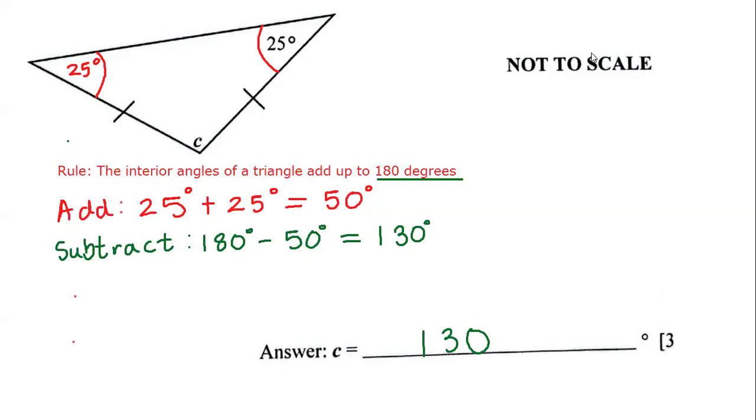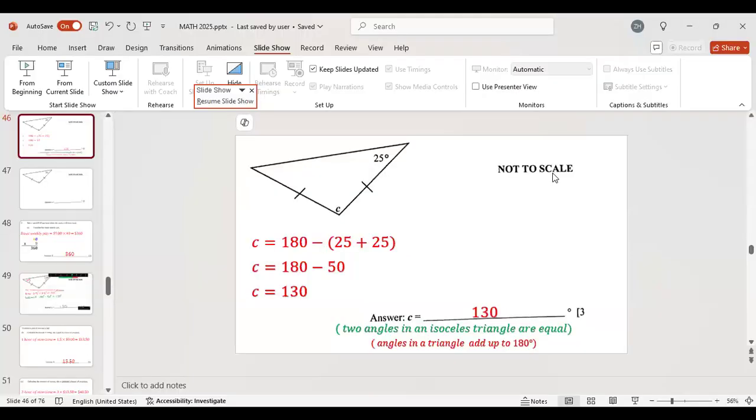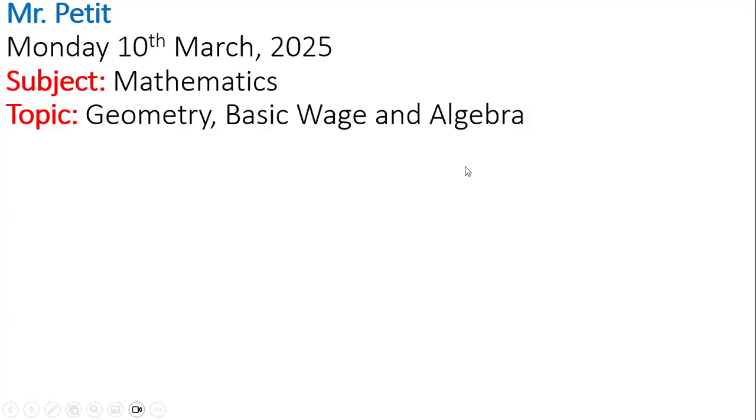Okay, good. So this is what we did exactly. Like I said, the two angles in an isosceles triangle are equal. This is it. Geometry basic. I don't know if you can still see it, but geometry, basic wage, and algebra. Sorry, we might get into sets.